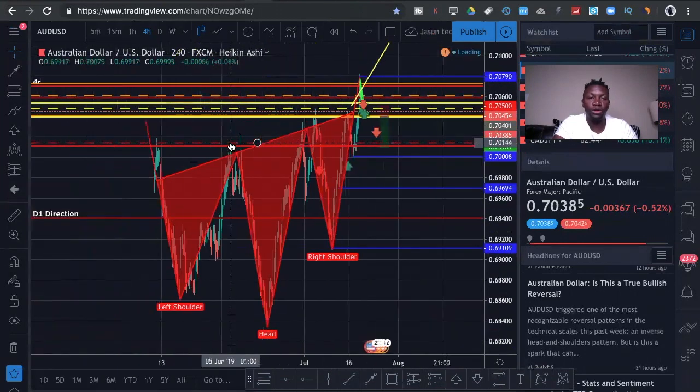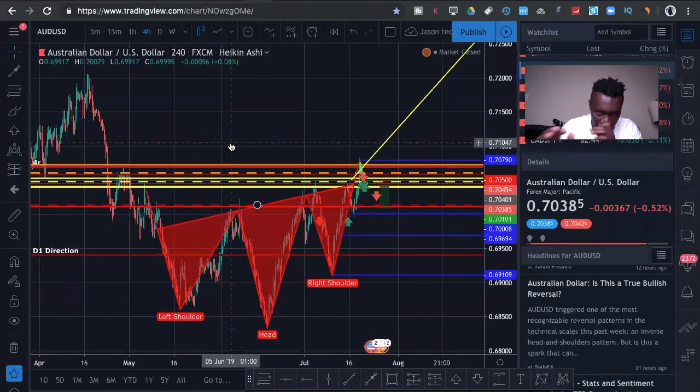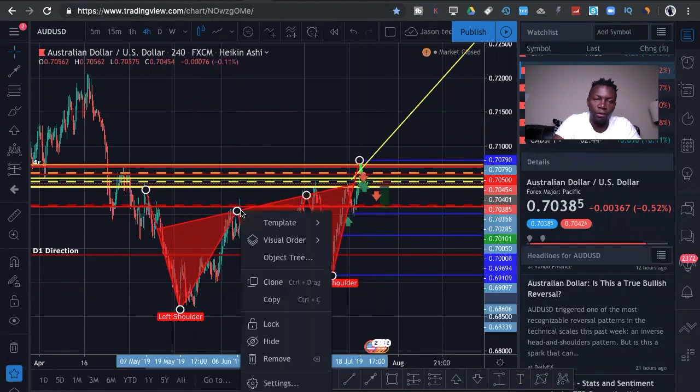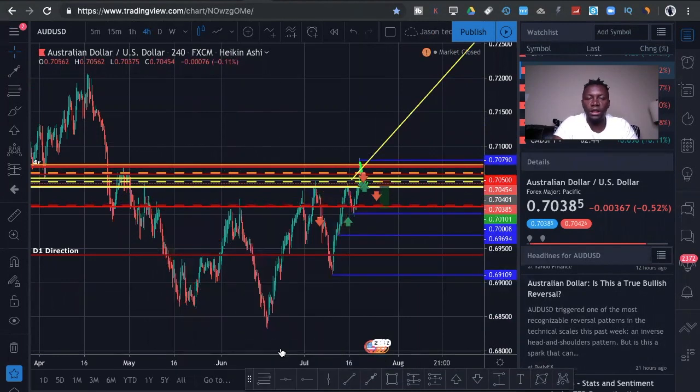What I'm going to do for you guys is give you some simple EMAs or moving averages that'll help you see the entry points. I'm going to remove this right now so you can see the chart better.